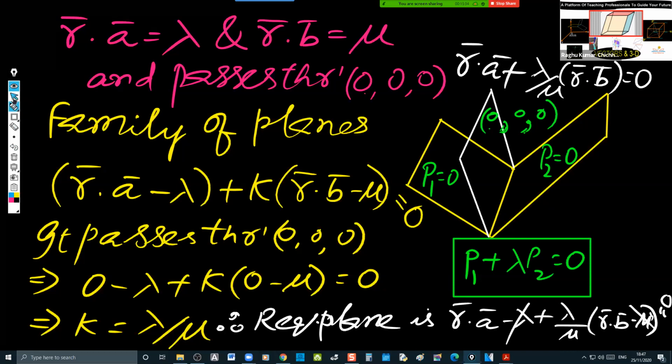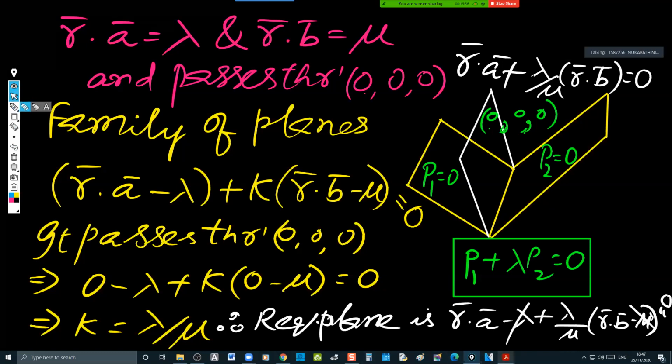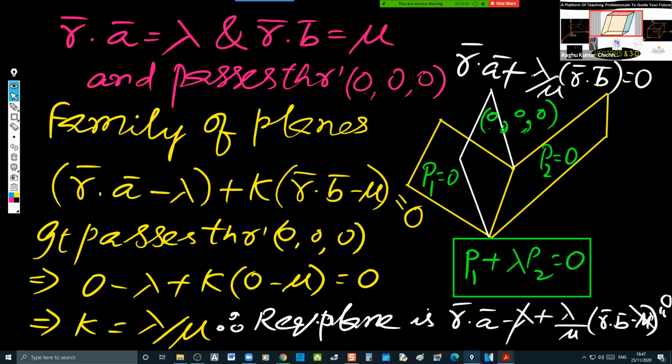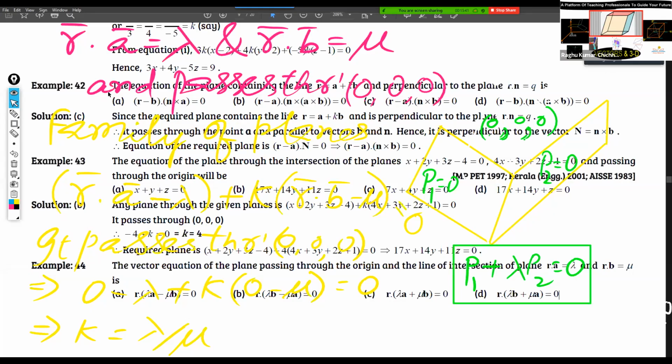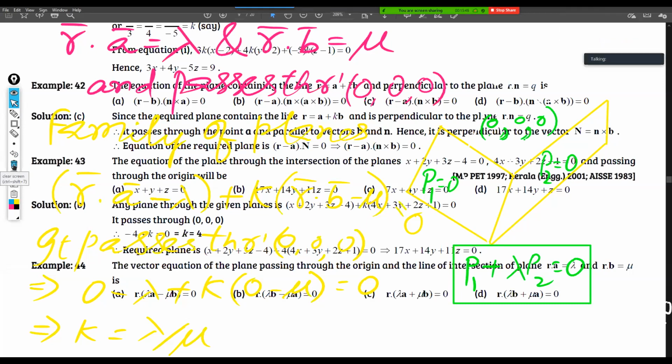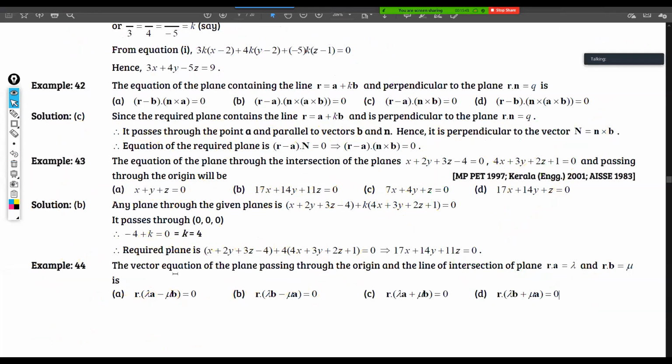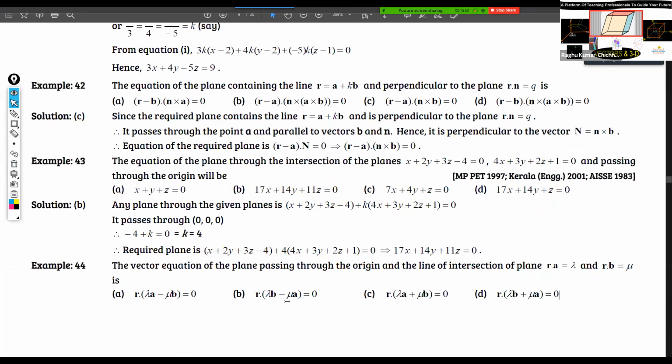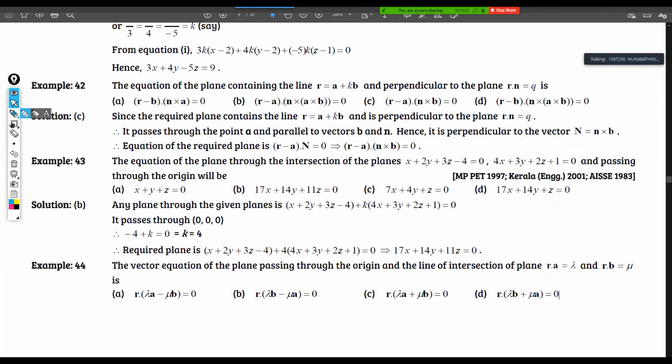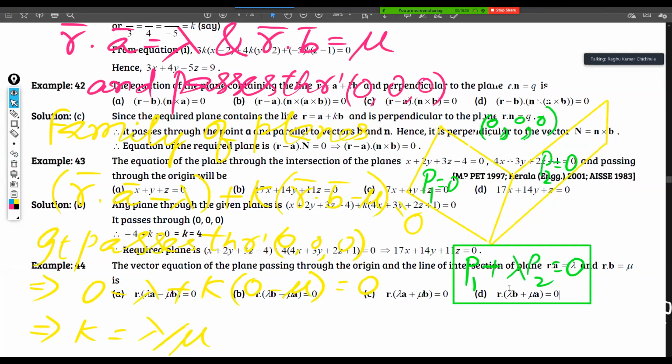Praneeth? Okay, sir. So if you see this, let me show you the options and you understand it. Yes, sir. Let's say this R bar taken common, lambda by mu, means you will get this one. It is in the white color. Let me show you that.